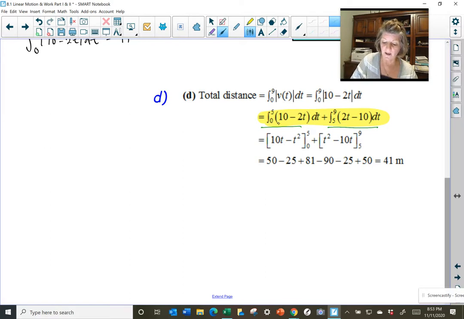So from 0 to 5, I need to evaluate the velocity function, and from 5 to 9, I need to evaluate those. The only thing I'm not liking is that there are not absolute values on each of those integrals. So I've got to move the absolute values to the outside of my integral.